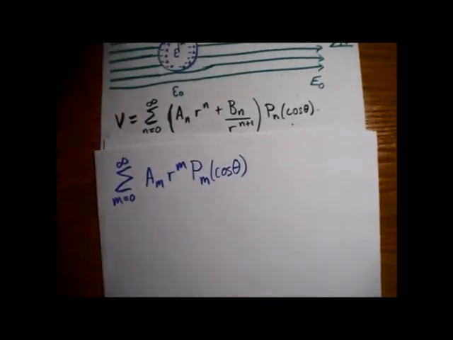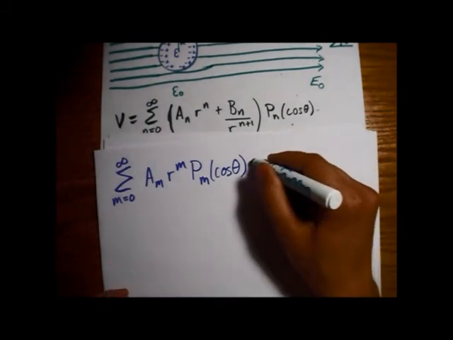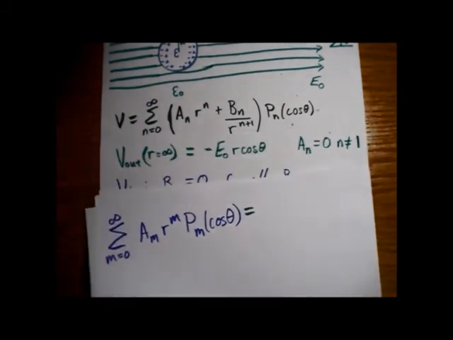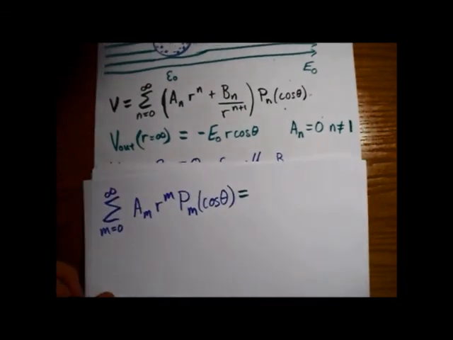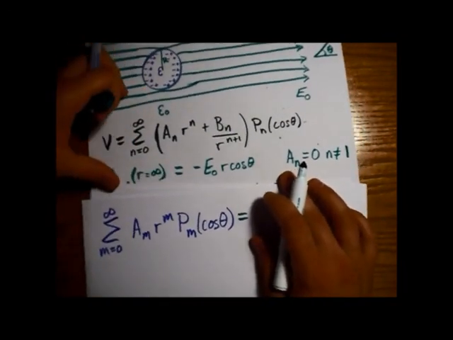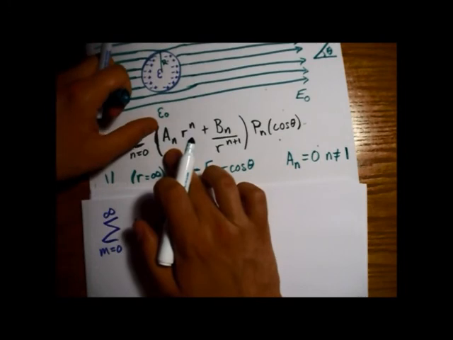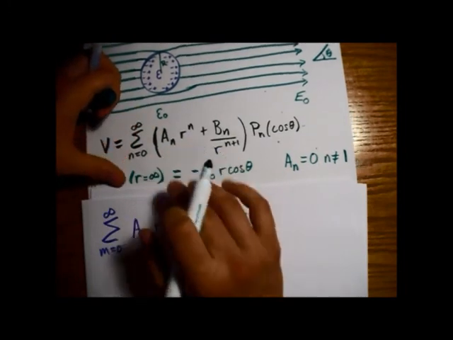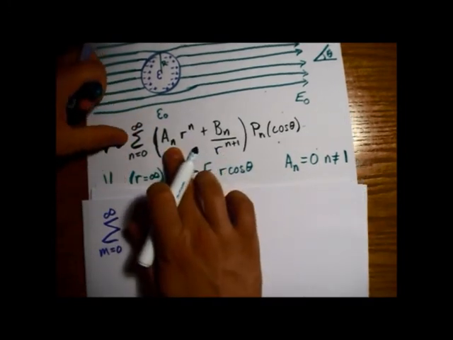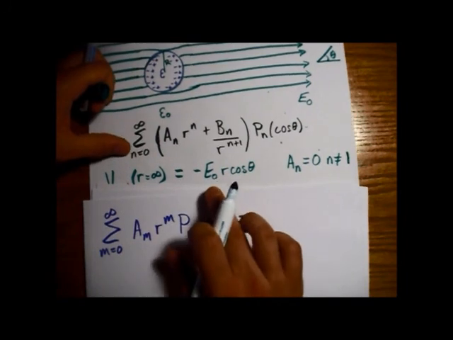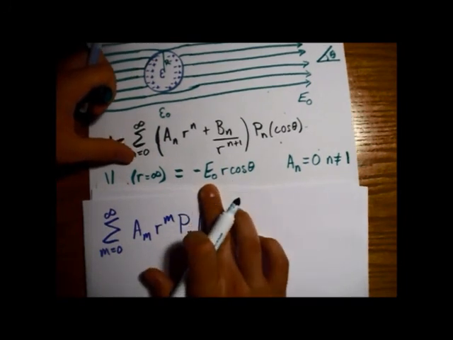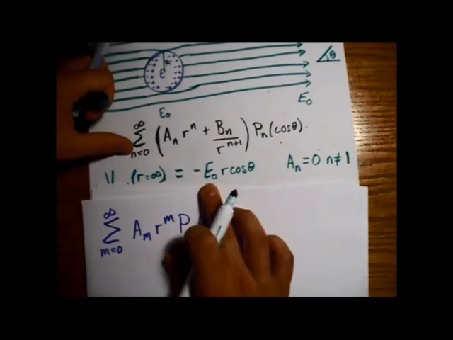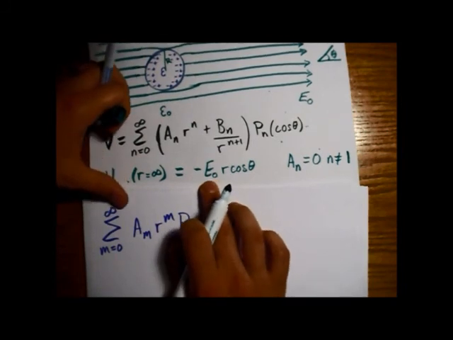And then for the outside, we had all of the A parts in this sum, the A sub n's, they're all going to go to 0 except for A sub 1. That's going to go to minus big E naught, the strength of the external electric field.